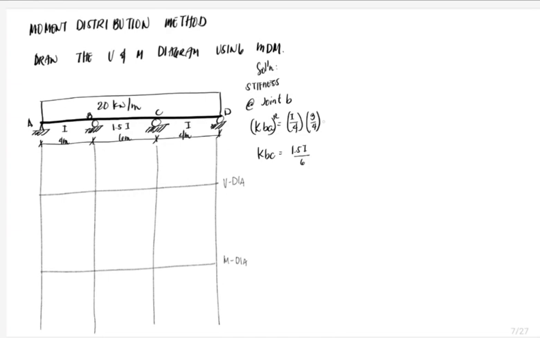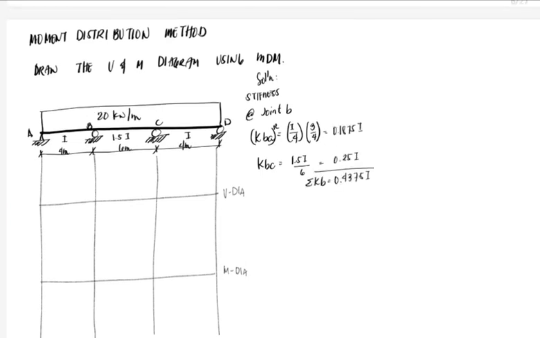So, this will be 0.1875 and then this is 0.25. Okay, so we have 0.1875I and 0.25I. So, pag sinummation natin yan, makukuha natin yung ating joint B which is 0.4375.